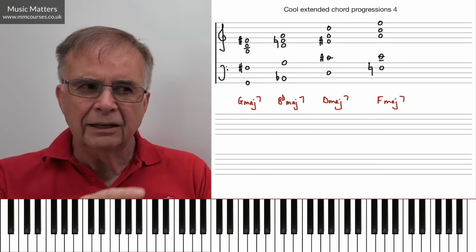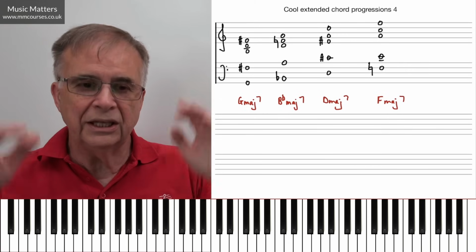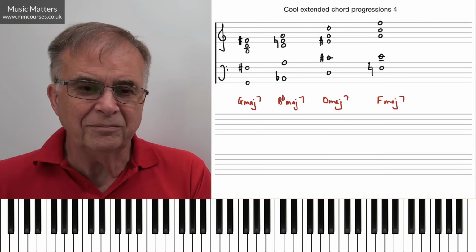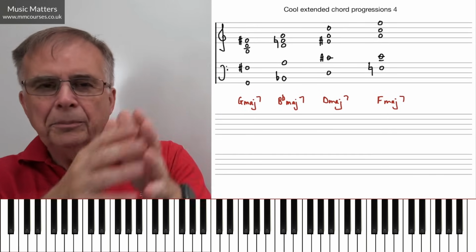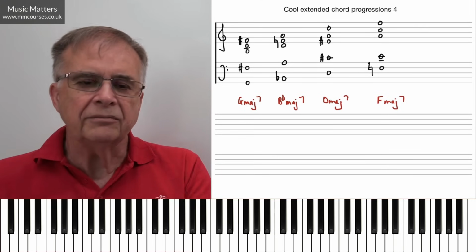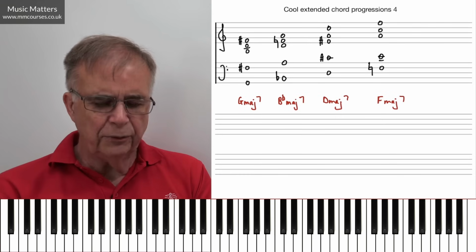So you could just say, I'm just using these as non-functional chords. In other words, chords we can identify, chords we can name, but we're just saying, I like the color of G major 7, followed by the color of B flat major 7, followed by the color of D major 7, and so on.